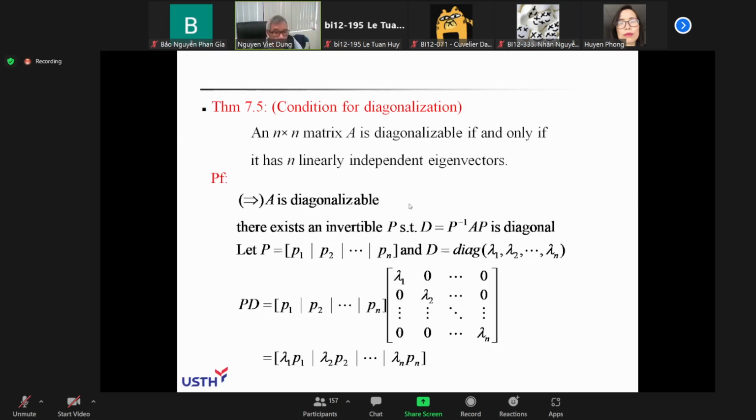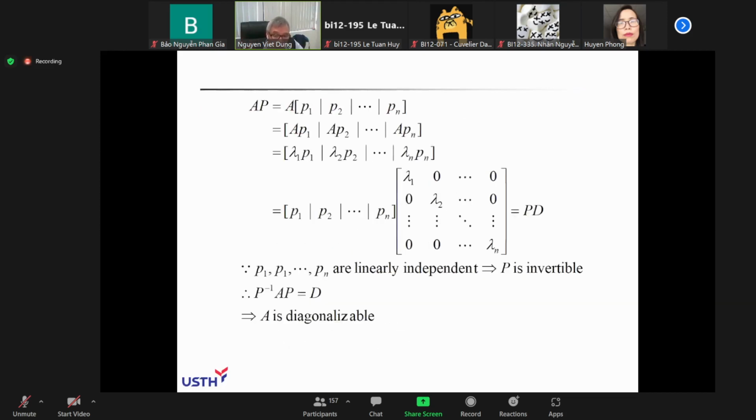It is explained in the slide on the module, so I will not repeat it here. It is explained in detail on the module, so I leave it for you to read by yourself.